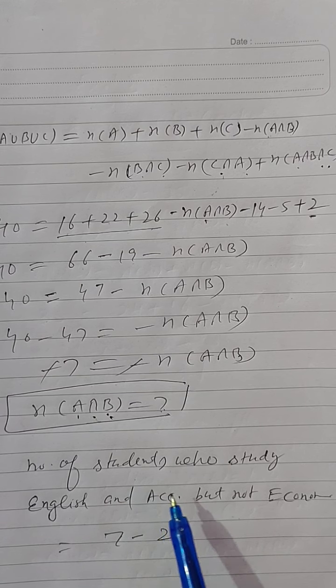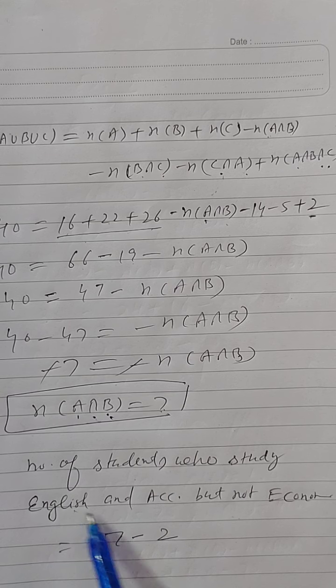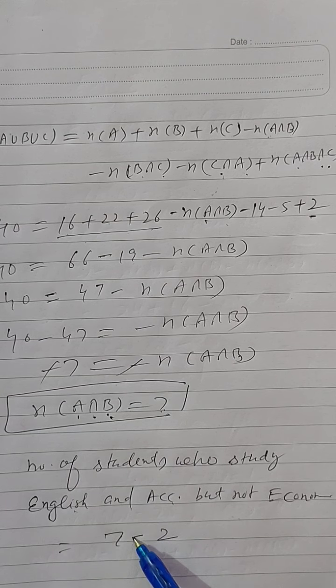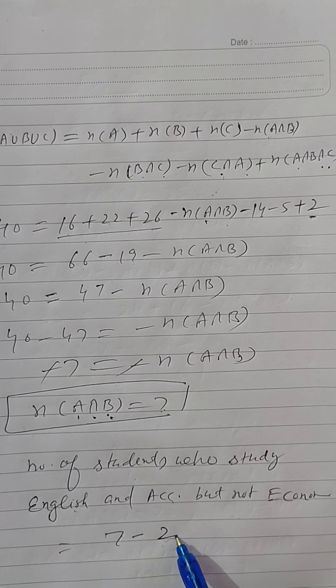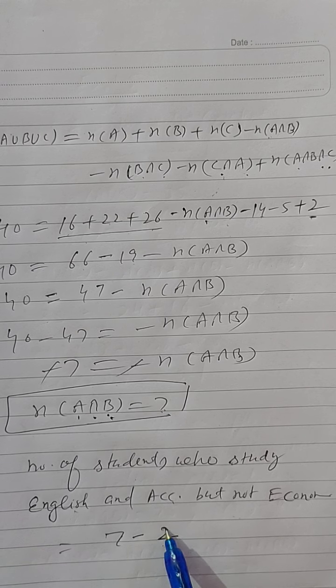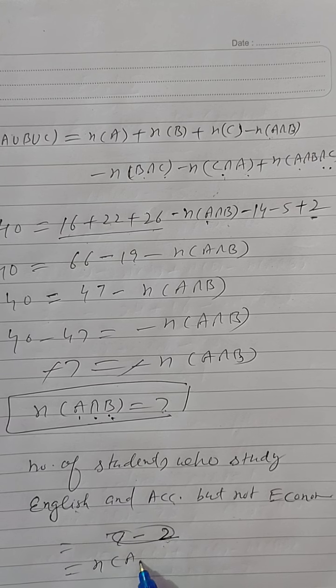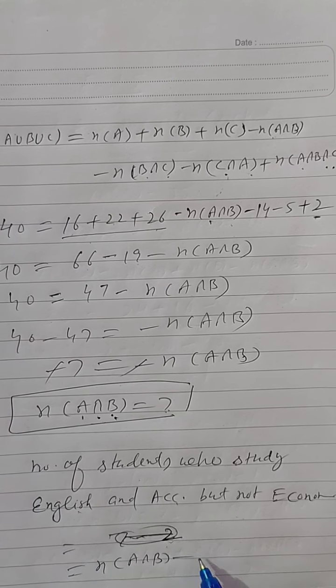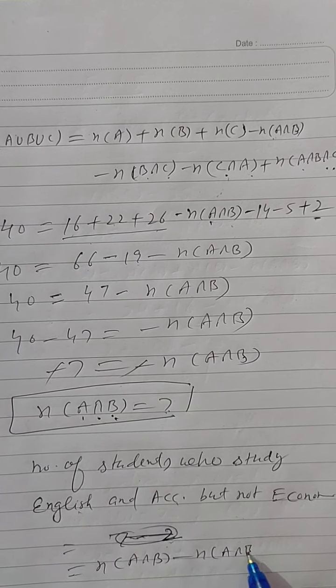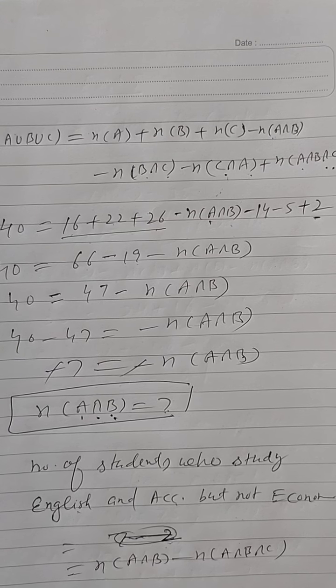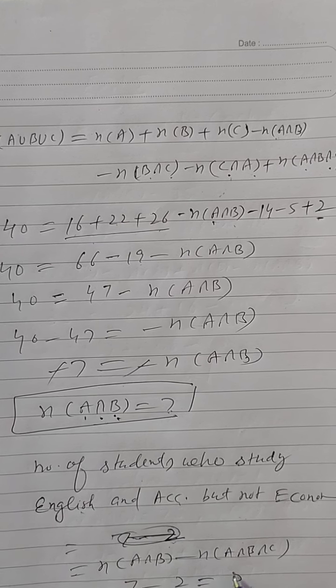We have to find the number of students who study English and accountancy, it was 7, but not economics. So the 2 were those who study all three. Subtract all 3 from this one. You may also write n of A intersection B minus n of A intersection B intersection C. It is 7, this is 2, which is 5.